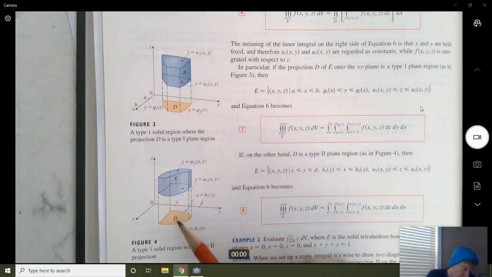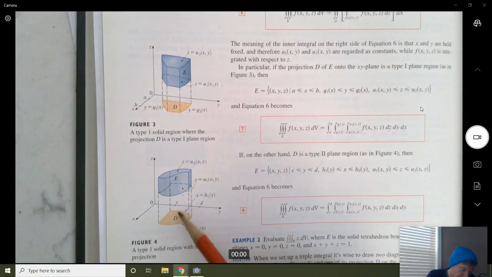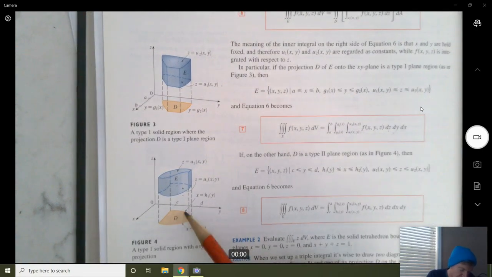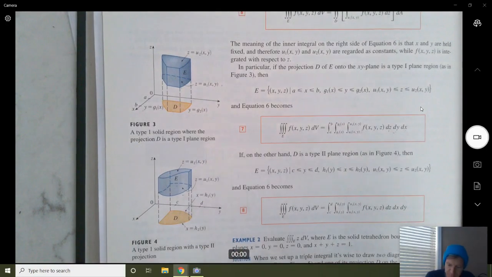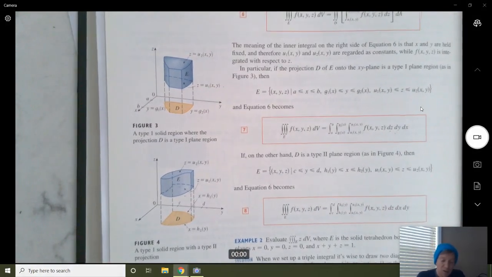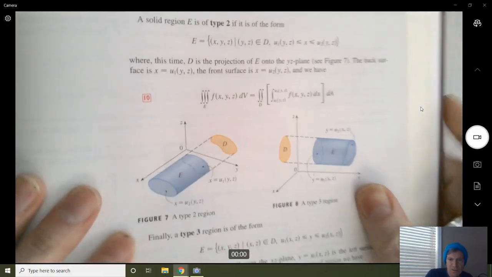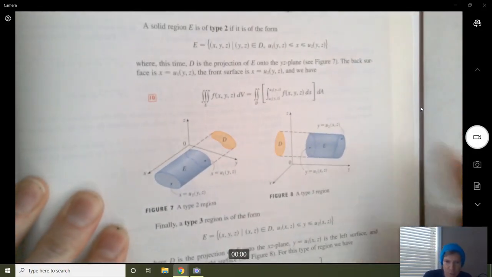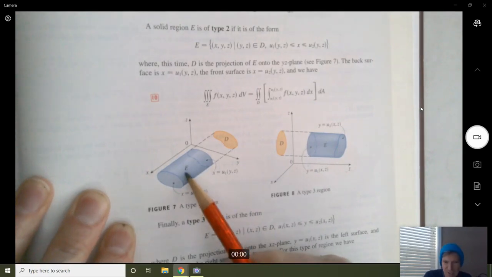Okay, now when you do this one, if you think about this region here on the xy plane, it probably makes more sense to do the x's next, because you go from the smaller x to the bigger x, and you do that as y goes from this value to this value. Okay, now the other two types would be something like this, and usually it's fairly obvious which one you're going to do first. If you've got something like this, think about trying to do the z's first.